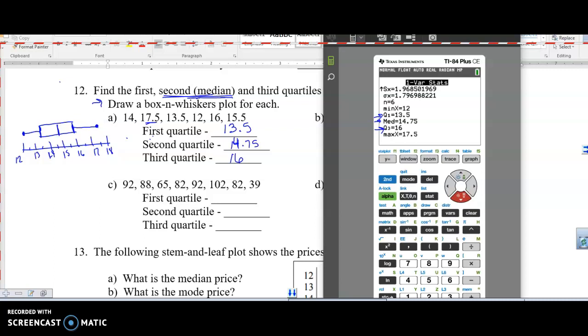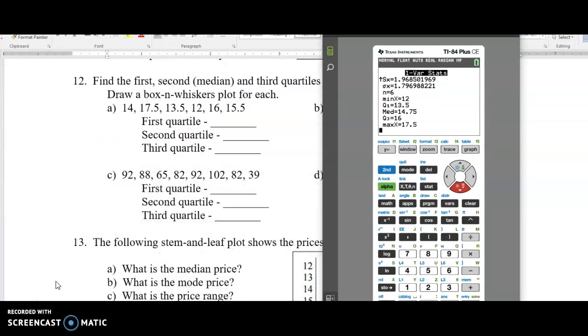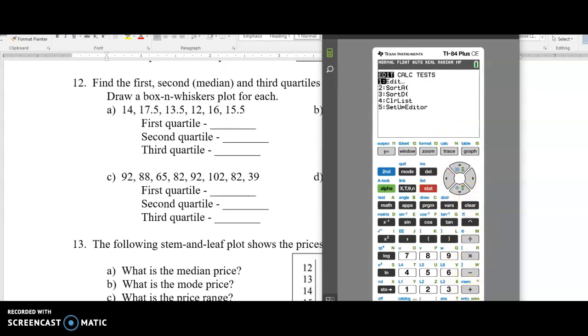Okay? All right, we're going to find all of our entry values there. Okay? So we're going to go Stat and Edit, and we're going to clear that out. And then we're going to put in our entries: 92, 88, 65, 82, 92, 102, 82, 32, 39.